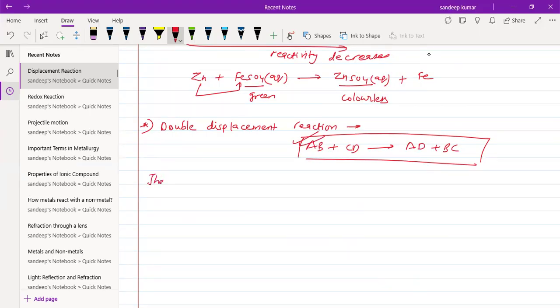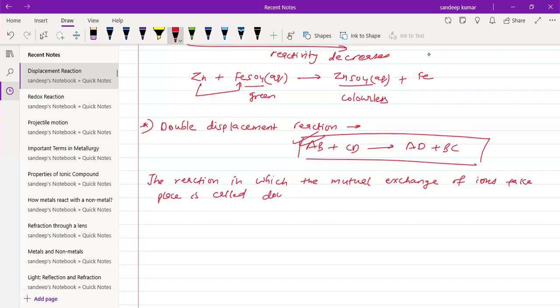The reaction in which the mutual exchange of ions takes place is called a double displacement reaction.